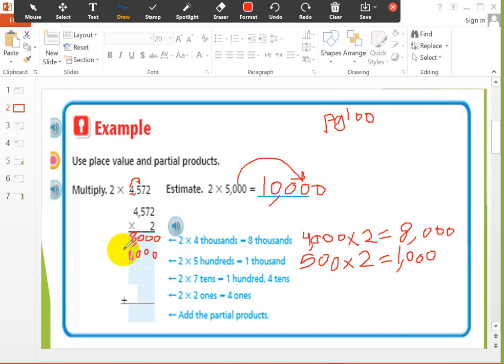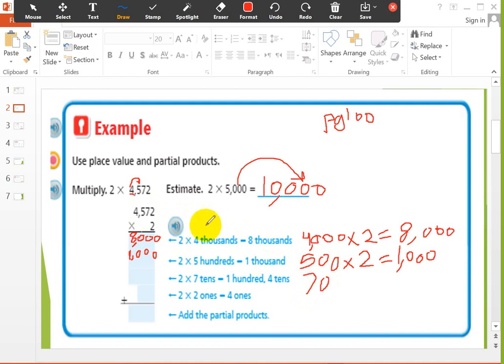Now, I will multiply the number in the tens digit, 7. What is the value of this number? What is the value of the 7? It will be 70. That's right, girls. 70. Not 17.